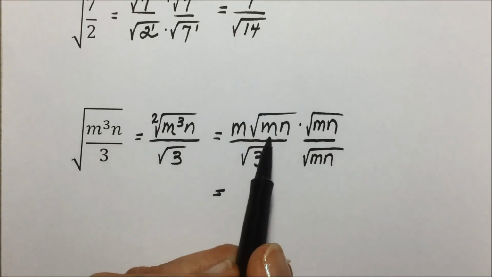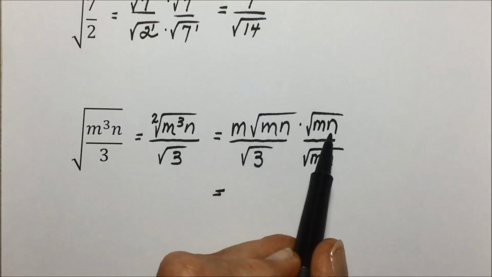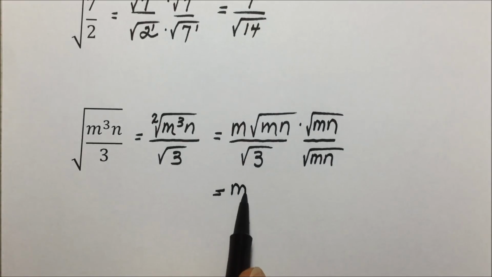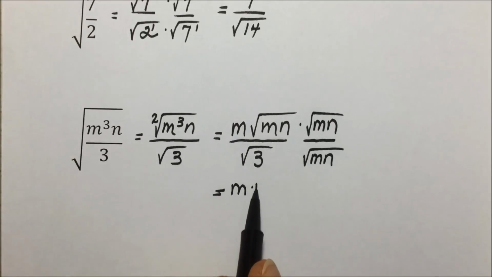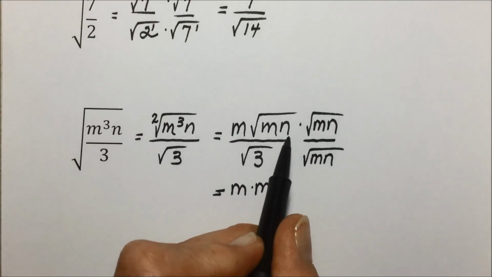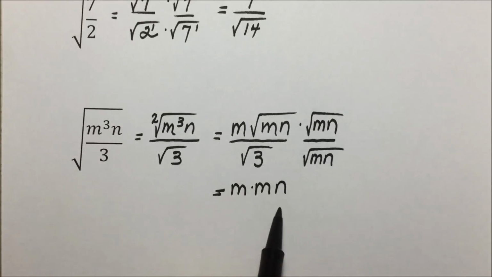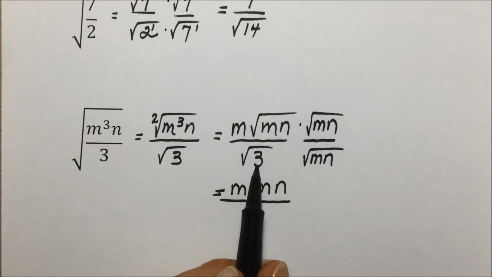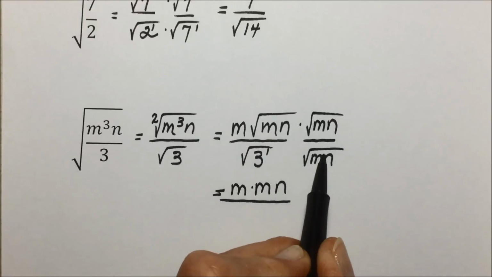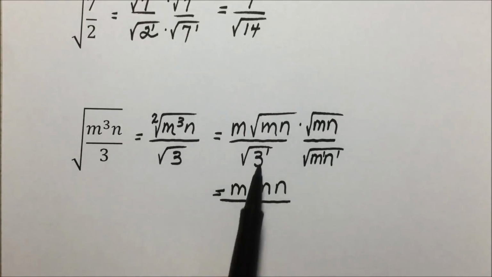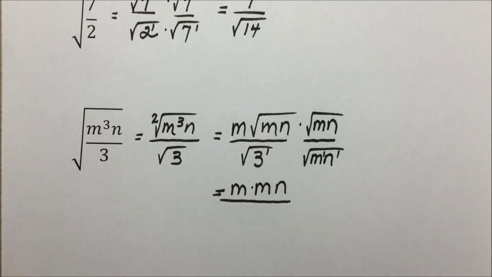Simplifying this, we now have a pair of m's and a pair of n's, which brings out, here's our original m, an m from the square root of m squared, and an n. In the denominator, we have 3 to the first, m to the first, n to the first, all multiplied together underneath one radical.